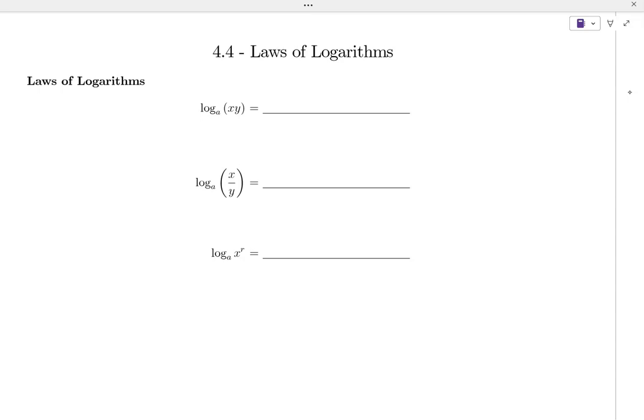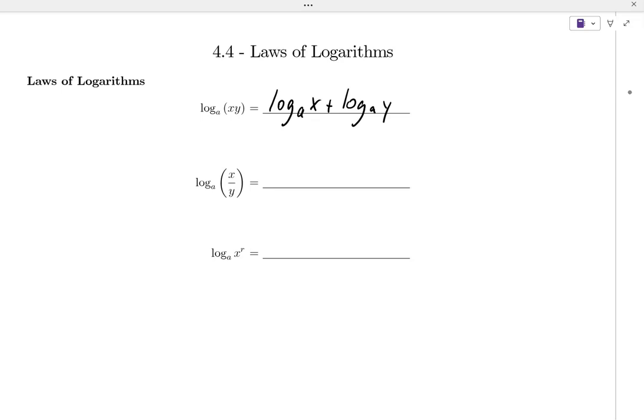So our first law of logs is exactly that same idea. When you have the log of a product, that means that you add the two logs together, not multiply, it's add. Okay? Again, the idea behind this one is that when you multiply, you add exponents. That's where this property comes from.